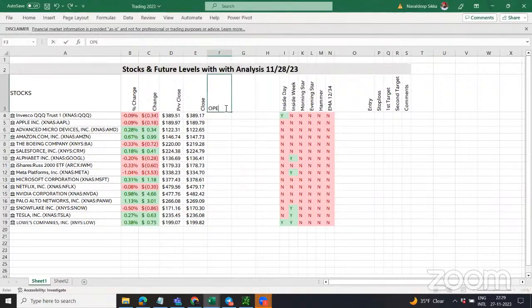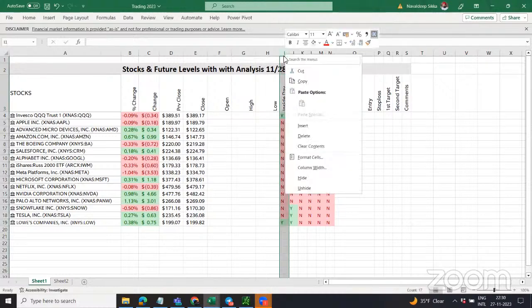Open, high, and low. And using this, I can also create what you call a Heikin-Ashi candle pattern, that whether it will have a flat base or not. Okay, that you can also use.